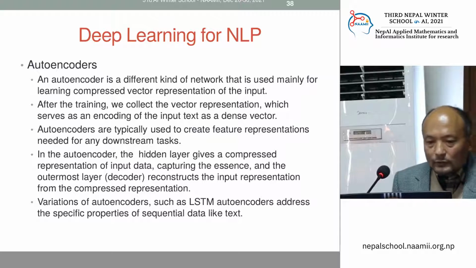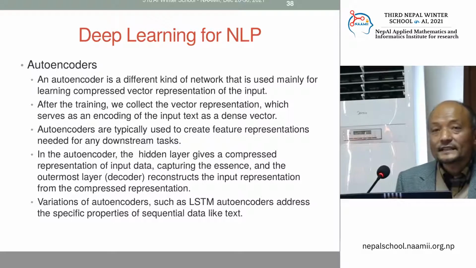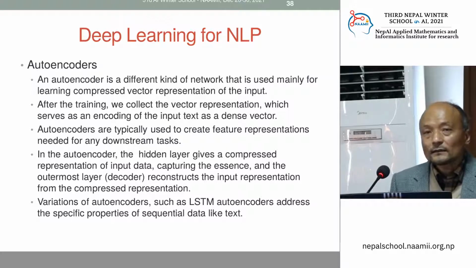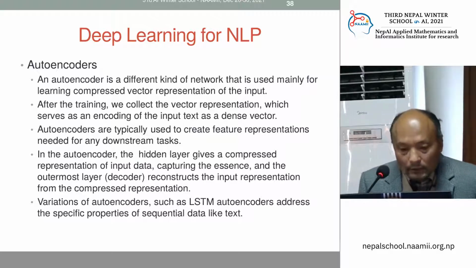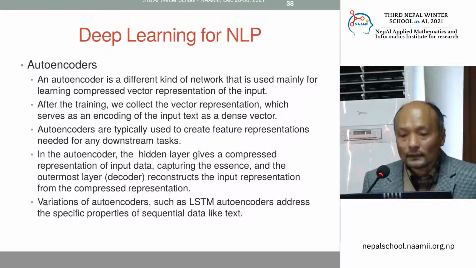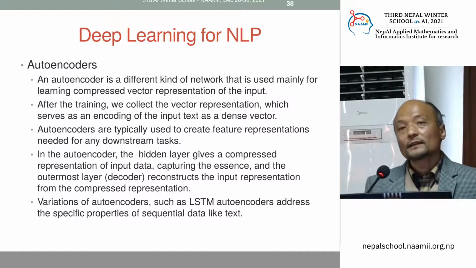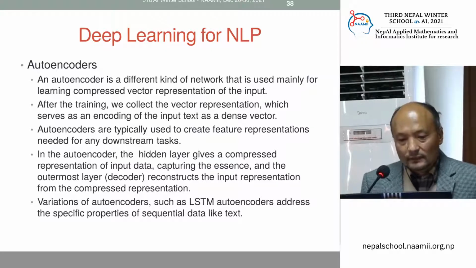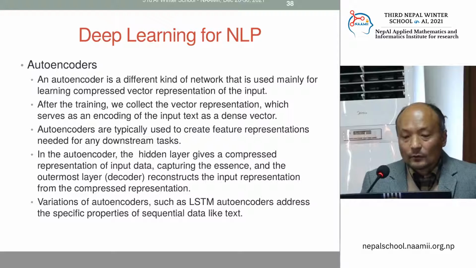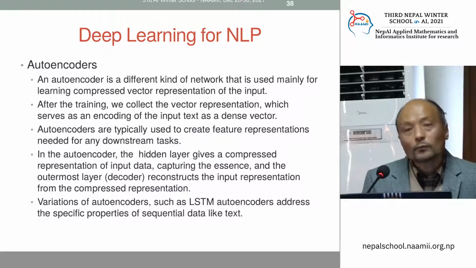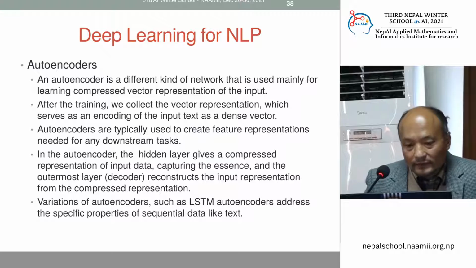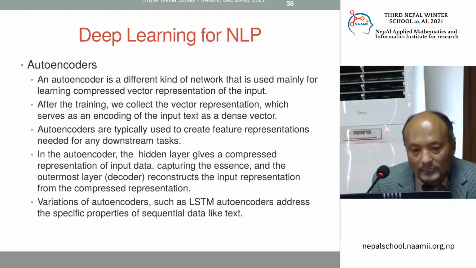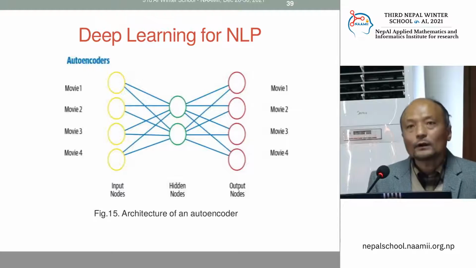In an autoencoder, the hidden layer gives a compressed representation of the input data, capturing the essence, and the outermost layer, the decoder, reconstructs the input representation from the compressed representation. Variations of autoencoders, such as LSTM autoencoders, address the specific properties of sequential data like text. As you can see here in the architecture of the autoencoder, the inputs are movie 1, movie 2, movie 3, and movie 4.